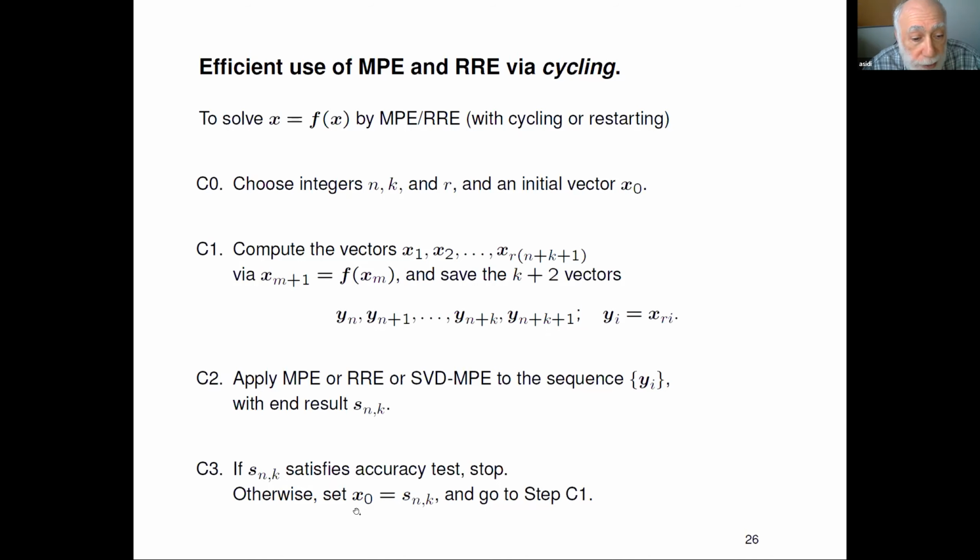If not, you set x0 equal to S_{n,k} and go to C1. This means you're repeating the same procedure over and over again until you get a satisfactory approximation. This is called cycling in the nomenclature of vector extrapolation methods. In Krylov subspace methods it is called restarting. This is the way we're going to apply it now.